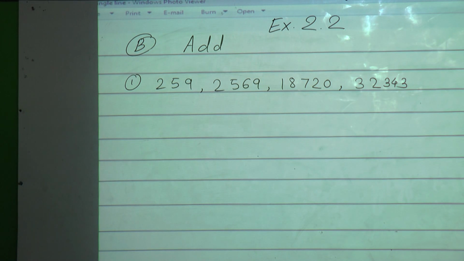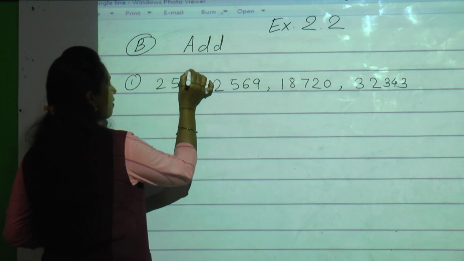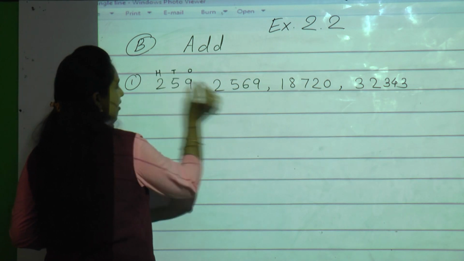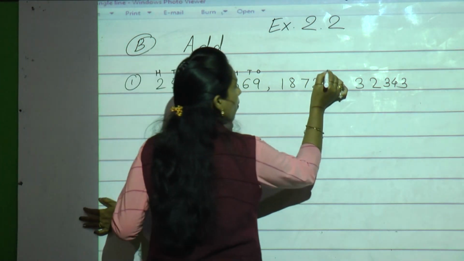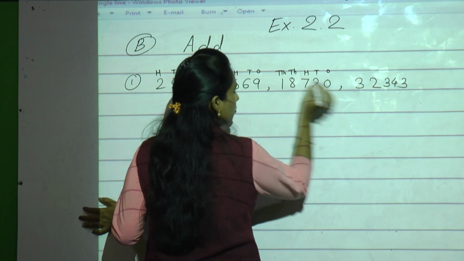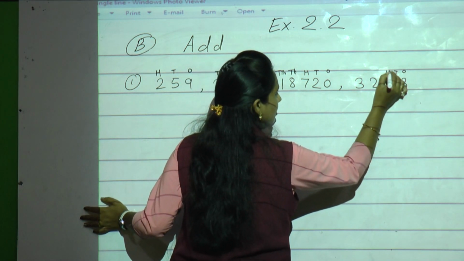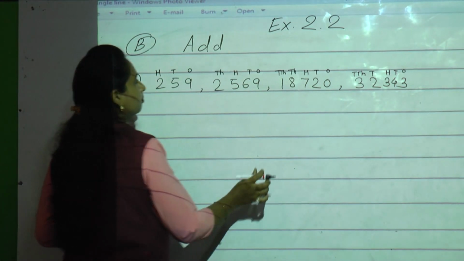Now we have to add all these numbers together. So what I suggest, students, first give the place value. Ones, tens, 100. Ones, tens, 100, 1000. Ones, tens, 100, 1000, 10,000.